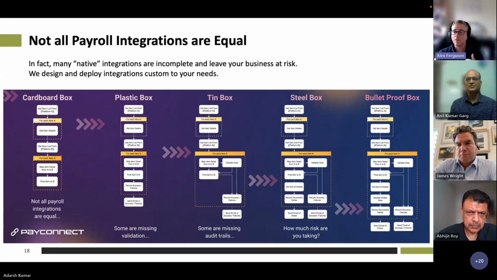This is important because for some payroll solutions, those data updates don't happen in real time. In fact, many of them have asynchronous APIs, which means that when we write data into that system, it might eventually get there. And we need to be able to validate that that data has arrived and that what is in the system today, just before you go to pay your staff, is the right data.